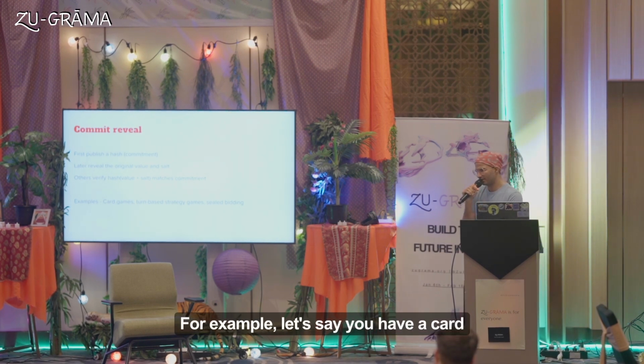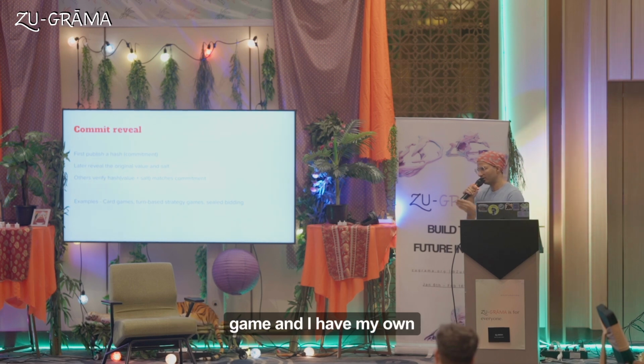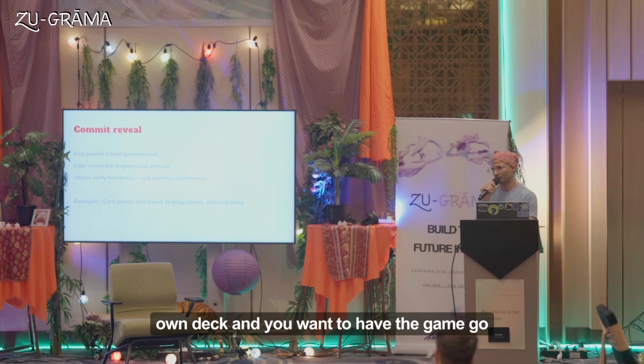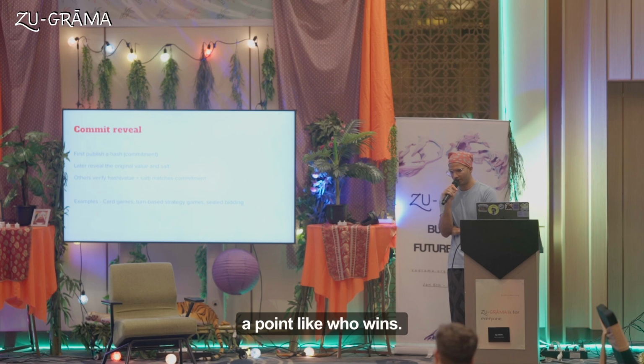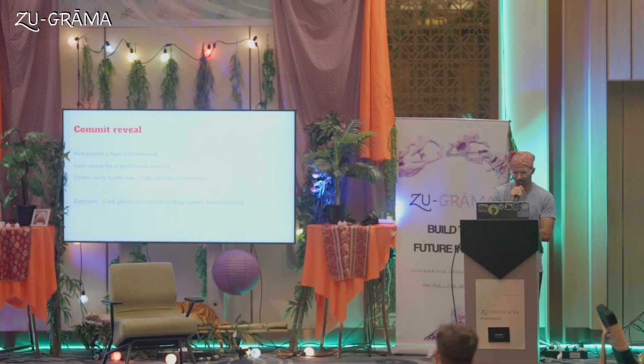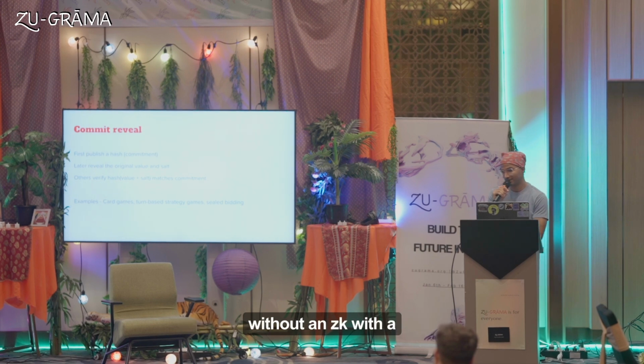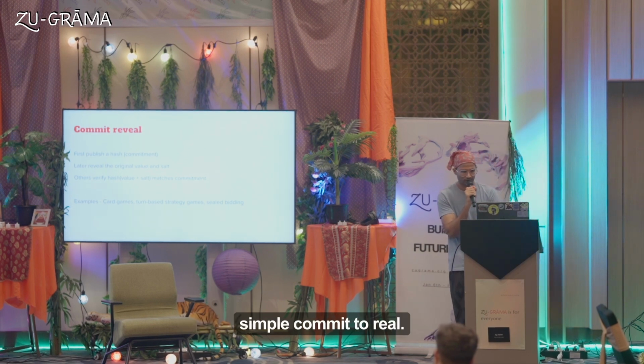For example, let's say you have a card game and I have my own deck, and someone has their own deck, and you want to see at some point who wins. That kind of stuff can mostly happen without any zk with a simple commit reveal.